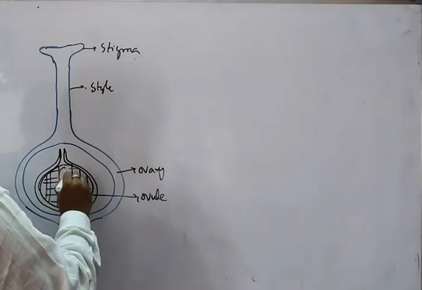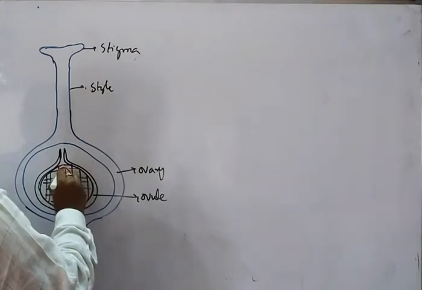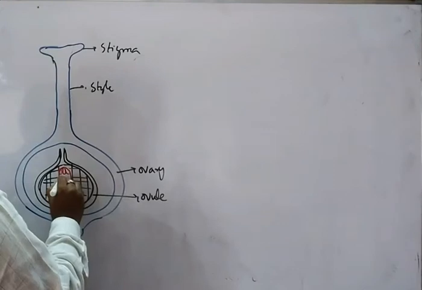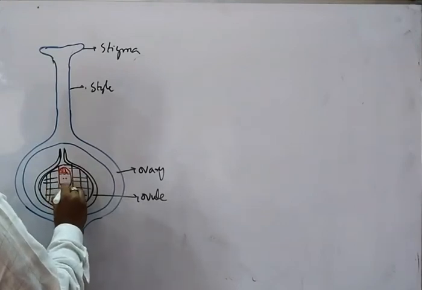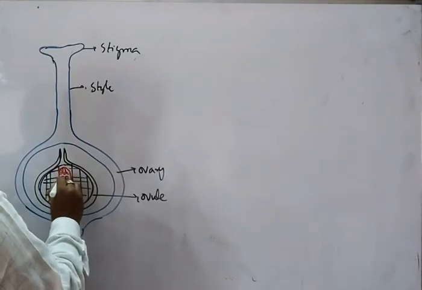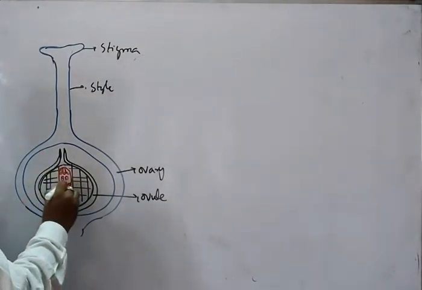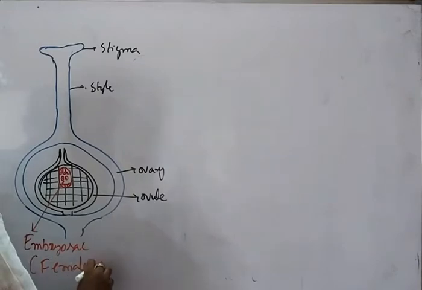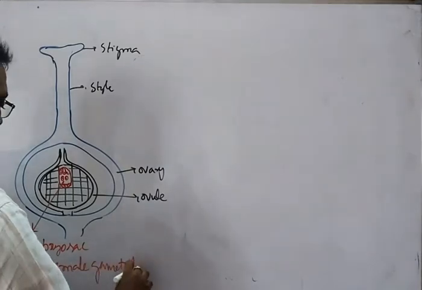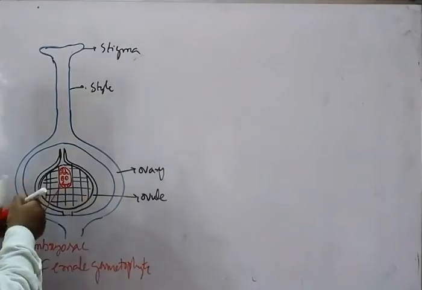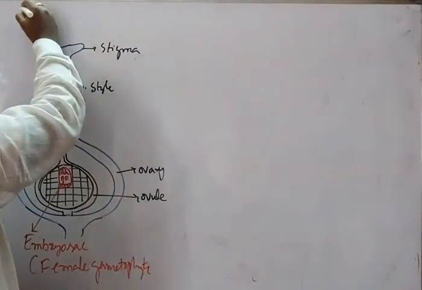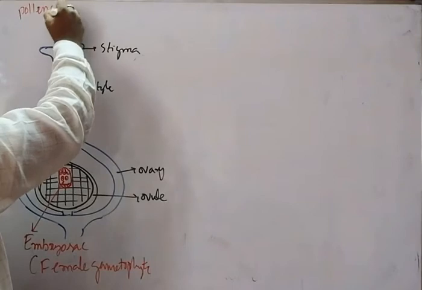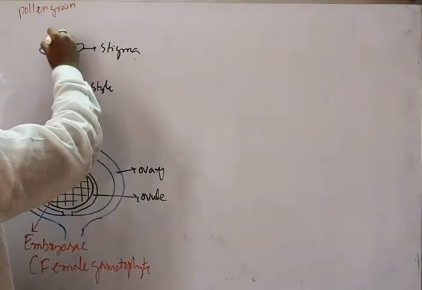Here is the embryo sac, or female gametophyte. Now, pollen grains are transferred onto the stigma.